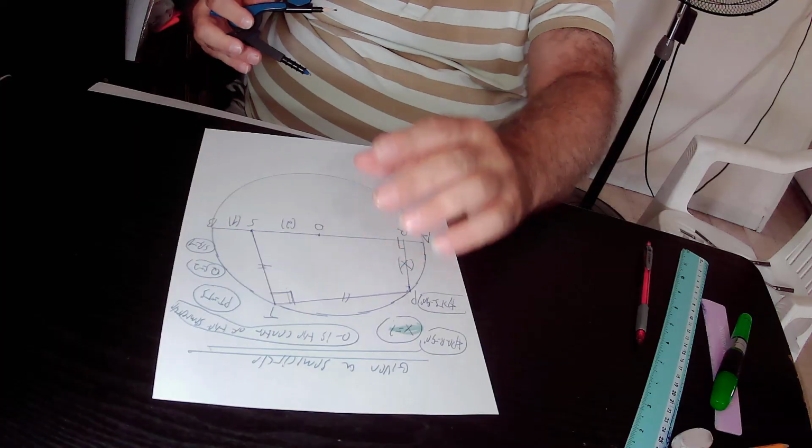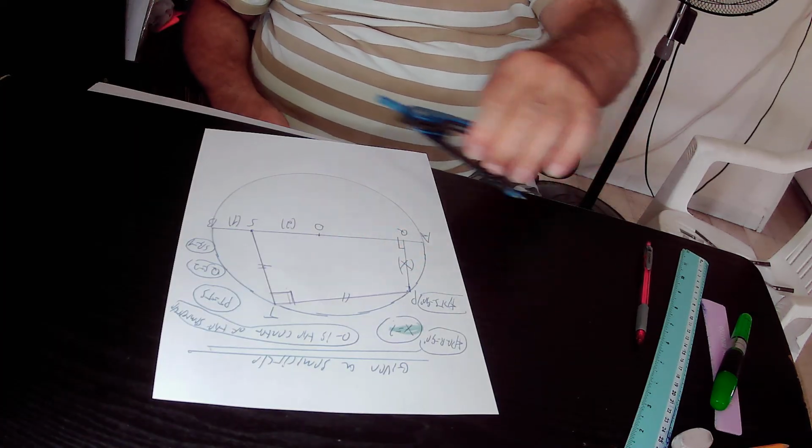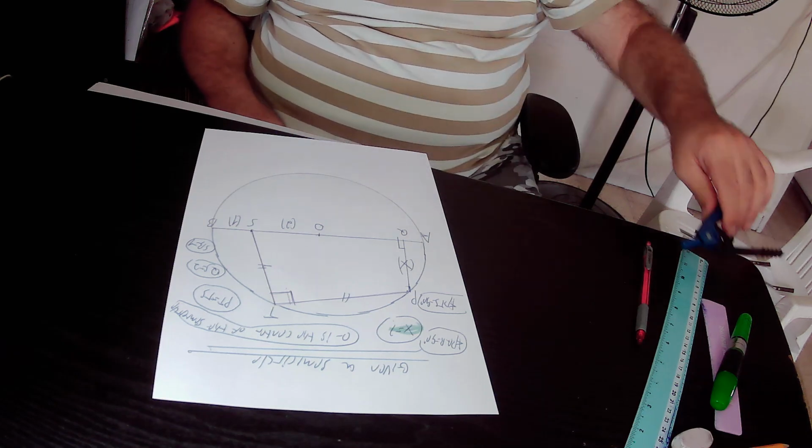We completed the semicircle to a circle, and we will extend line segment TS by a straight line until it touches the circle.